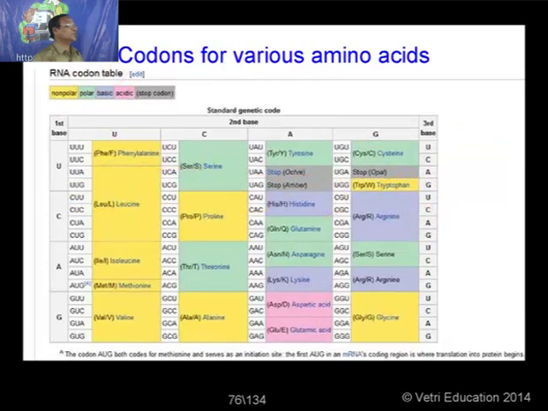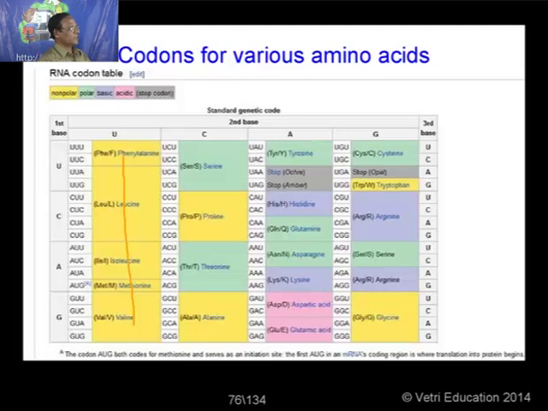Now here is a table showing the codons. You see the 64 codons, and they are specifying different types of amino acids. Some of the amino acids are non-polar. For example, this yellow color represents the amino acids of non-polar type: phenylalanine, leucine, isoleucine, methionine, valine, glycine, alanine, and proline, all non-polar type.